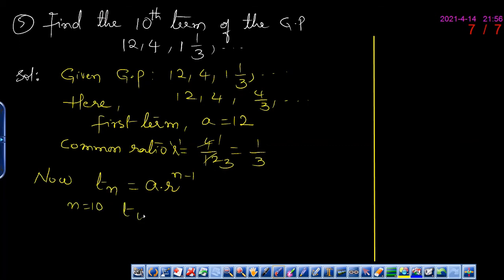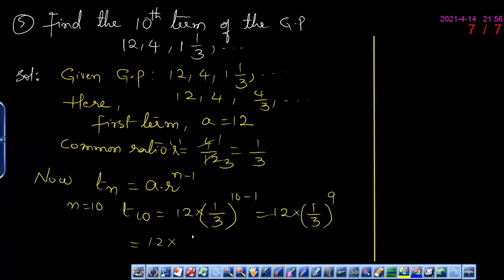So we substitute in the formula: 12 into R, which is 1 by 3, whole power 10 minus 1. So 12 into 1 by 3 whole power 9.